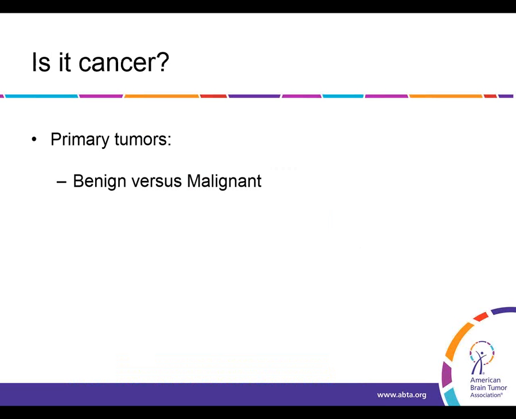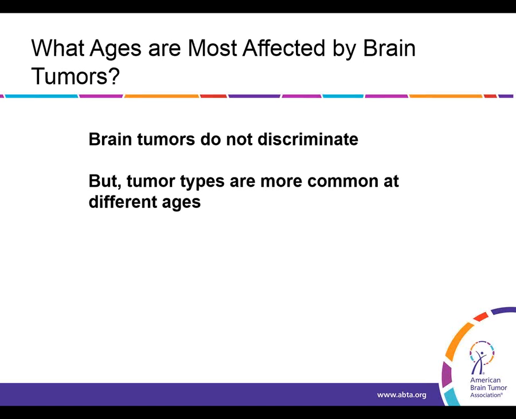A question comes up: what is benign versus malignant? Benign tumors are considered non-cancerous. They are slow growing. Even if a tumor is benign, the tumor can affect function depending on its location. A malignant tumor is faster growing and invades the brain, and it also can affect function.